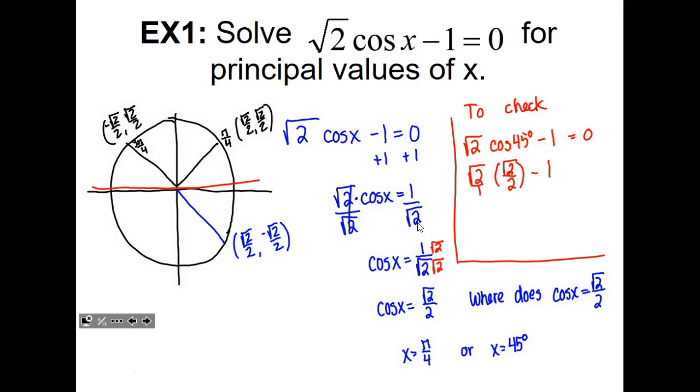I'd multiply those together. I'd get square root of 4 over 2, which is really just 2 over 2, which is 1 minus 1, which gives me 0. So I know that I got it right. So you can plug these answers back in just like you would with any equation. It's just a little harder to do because you've got those trig values. Okay, question.